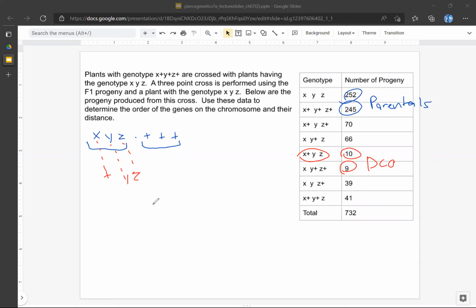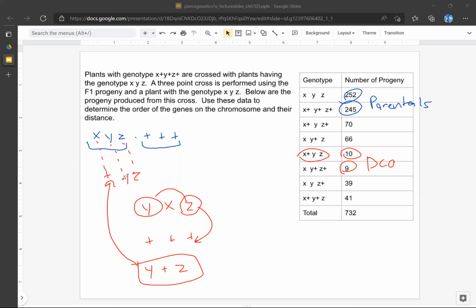Actually, excuse me, we have Y, X, and Z. And these two are kind of moving together, switching over, such that we end up with plus, our X plus, and then Z. So this is the double crossover.